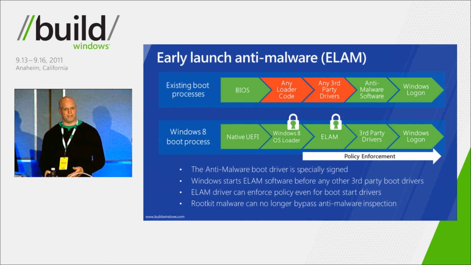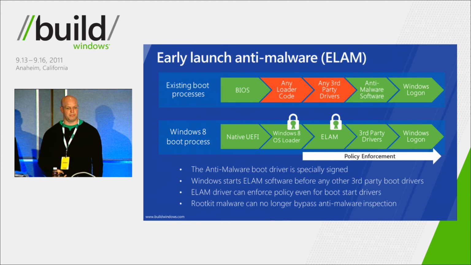But anti-malware products are more nimble in terms of they're aware of third-party pieces of code that have been released in the ecosystem. They're able to keep a list that's current of who's naughty and who's nice in terms of what policies it should enforce. And so by launching anti-malware software early in Windows 8, we're able to leverage the anti-malware product's capabilities more fully.